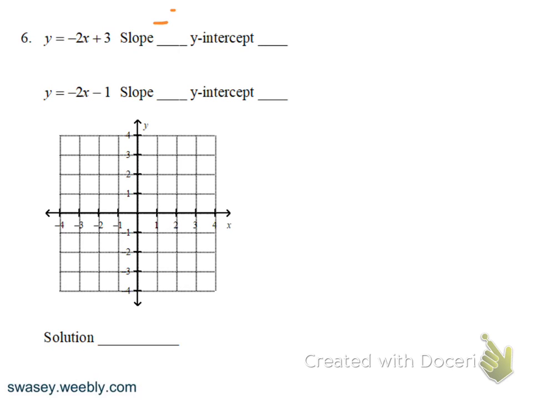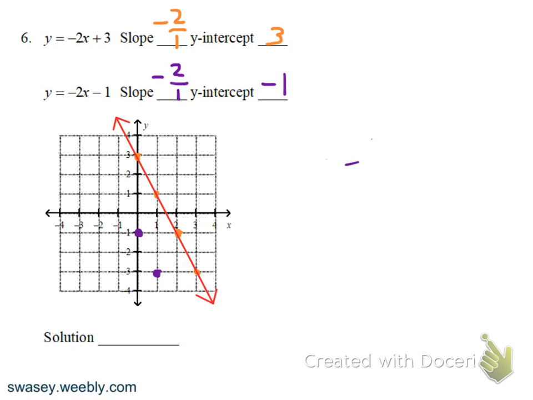Next one, we have a slope of -2 over 1, y-intercept of 3. Plot a point at 3, go down 2 to the right 1. Next we have a slope of -2 over 1, y-intercept of -1. So plot a point at -1, go down 2 to the right 1.